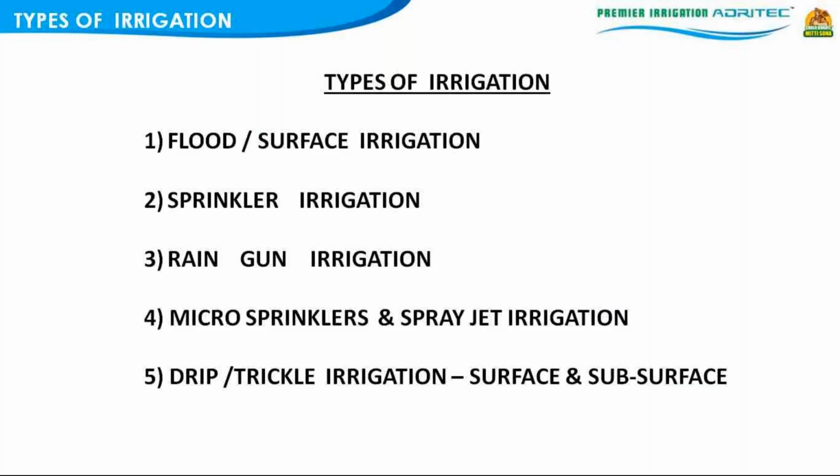The first most commonly adopted method is flood or surface irrigation, followed by sprinkler irrigation, and then the rain gun irrigation, and then other small devices called micro sprinklers or spray jets, and finally drip or trickle irrigation. This drip irrigation can either be laid on the surface, or below the soil, 4 to 6 inches depending on the active root zone.